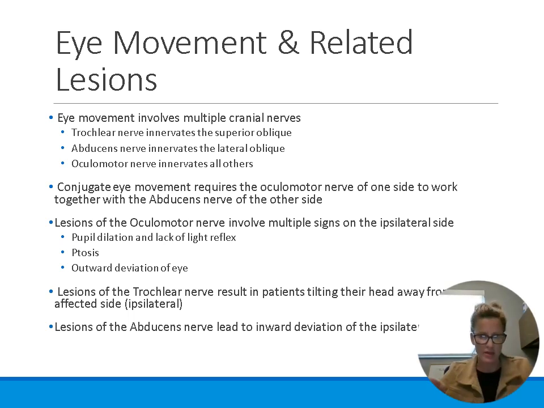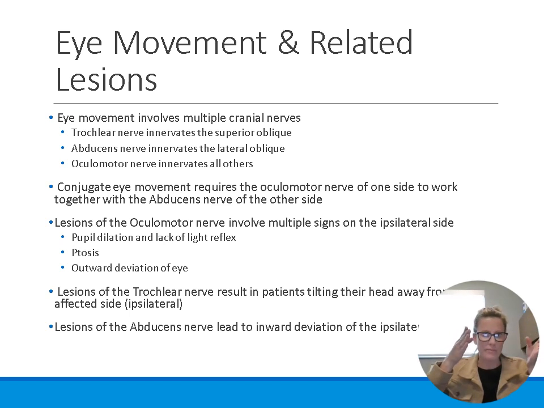Conjugate eye movement, that's like normal eye movement, where your eyes move together, right? So like I look at the wall and then I scan over to the right side, my eyes should move together. Conjugate eye movement requires the oculomotor nerve of one side to work together with the abducens nerve of the other side, right?